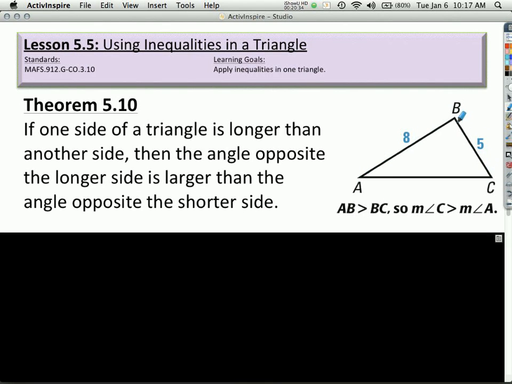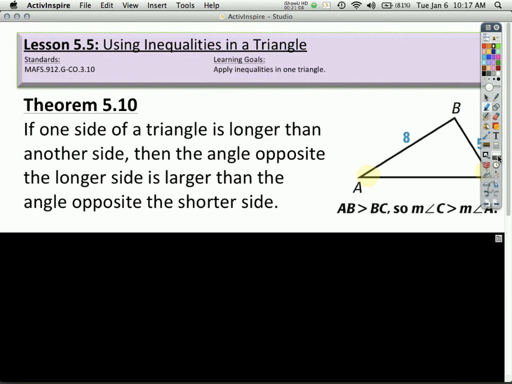This side is longer than this one, which automatically tells us something about this angle and this angle. Angle C is going to be larger than angle A because the side opposite is longer than this side opposite. So again, the idea is the most important thing to understand, but I will refer to Theorem 5.10.